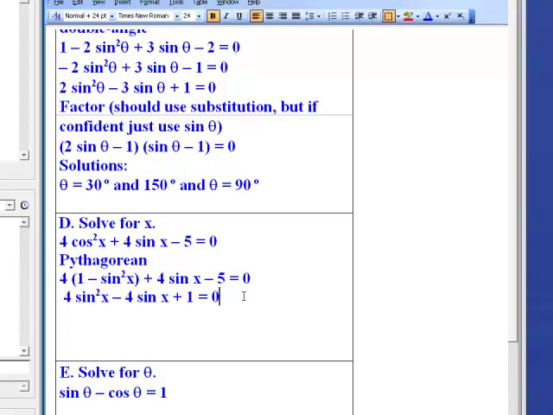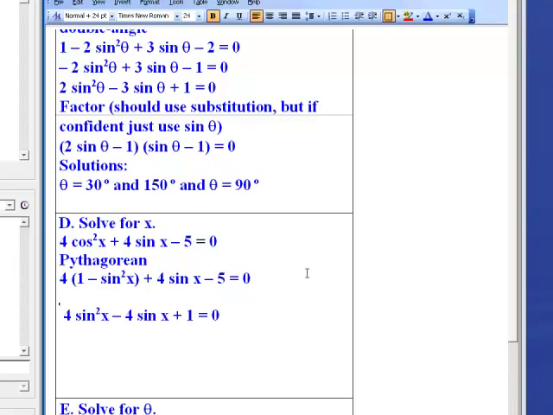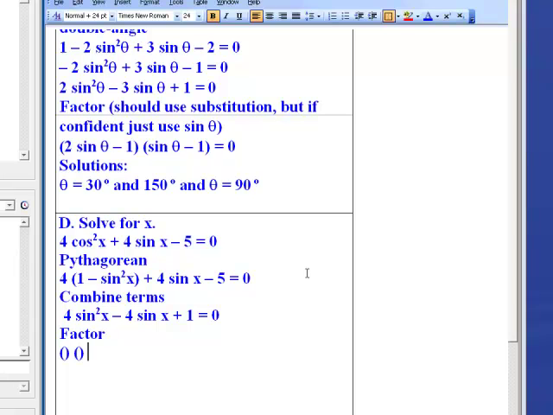Now I'm going to factor. So here I would say combine terms. And here, of course, factor. There could be 2 ways of doing this. One would be 2 sine times 2 sine, or one could be 4 sine times 1 sine.